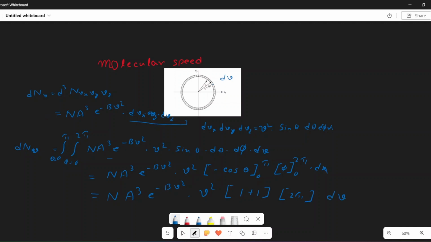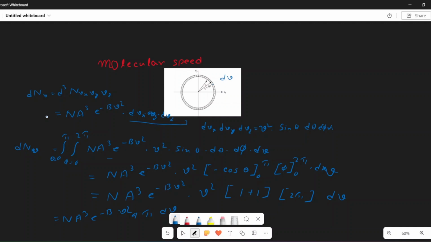So these terms give N A cubed e to the power minus b v squared, 2 times 2 is 4 pi dv.